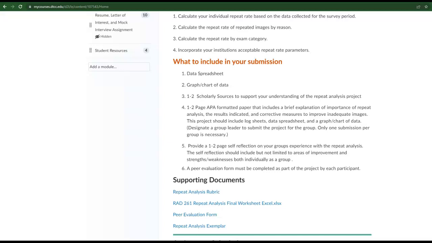Also include in here a self-reflection of your group's experience with the repeat analysis, as well as a self-reflection including the areas of improvement for each individual, strengths and weaknesses as a group as well.